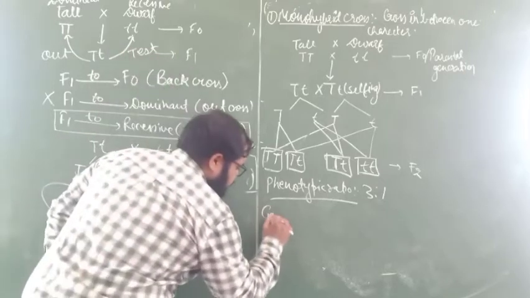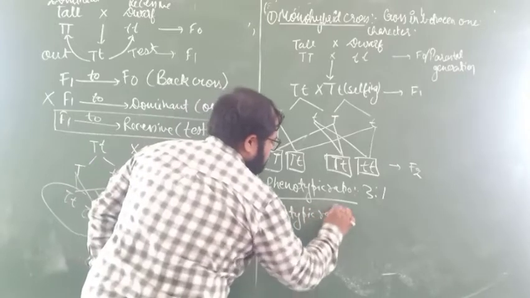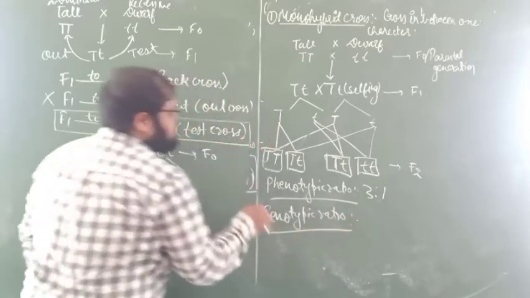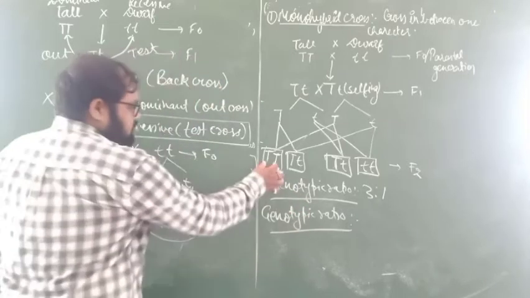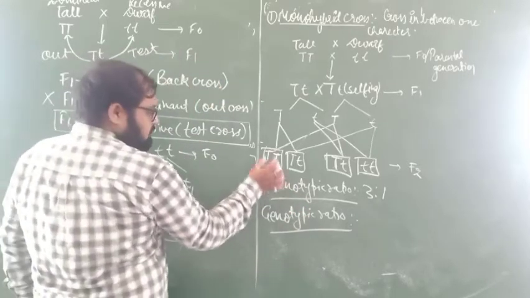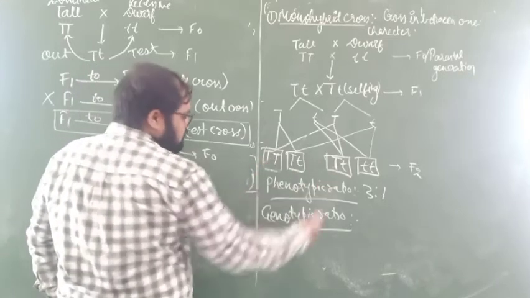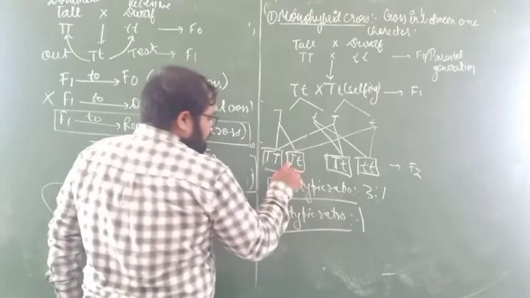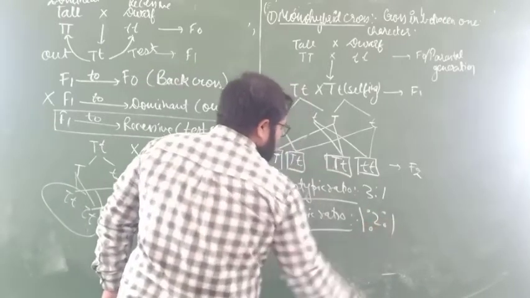Now come to the genotypic ratio. Genotypic means gene ratio, so you have to select the similar genes. This is gene, not allele. Like this gene, no other is there, so 1. Like this, two are there, so 2, and then 1.